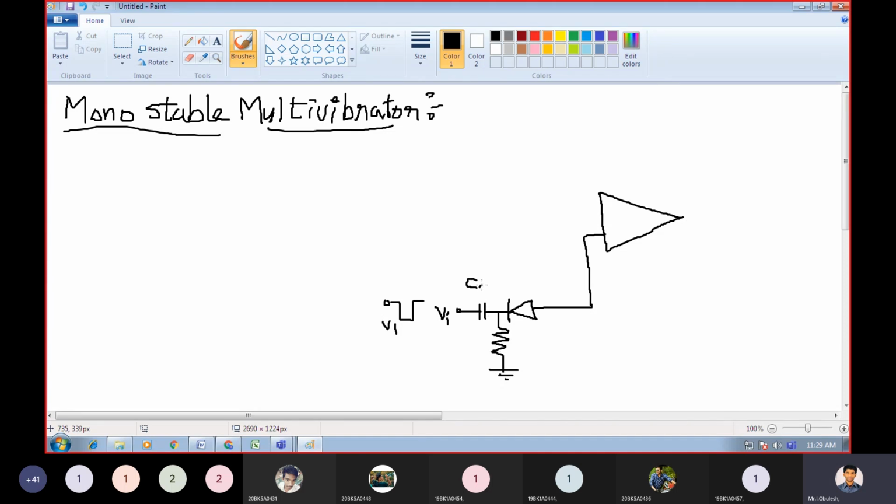This is the C2, diode D2, this is the R4. R1, R2. Here we will get a V0 value.